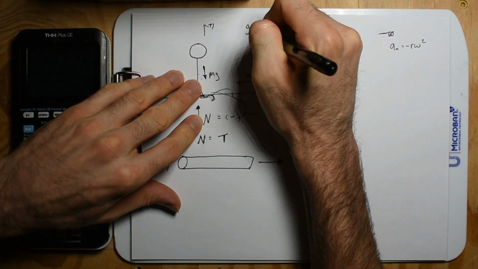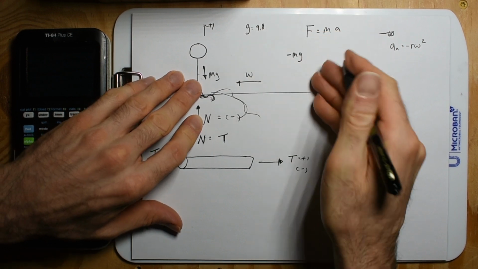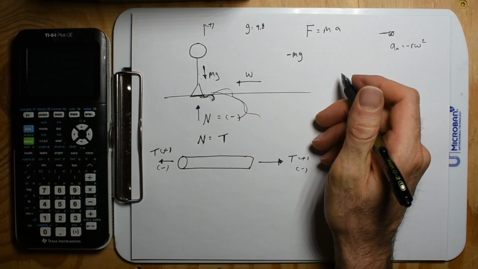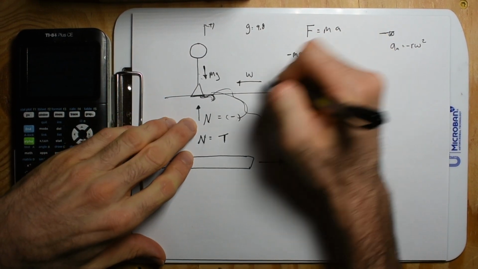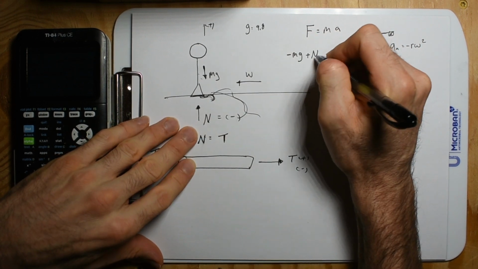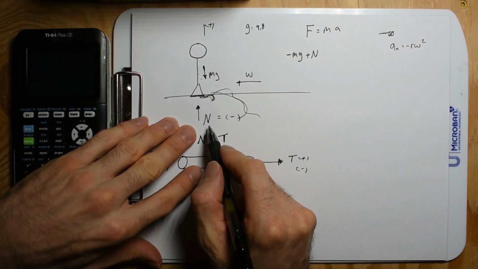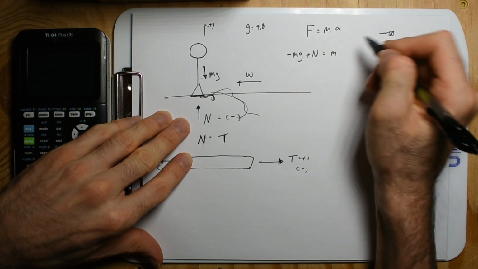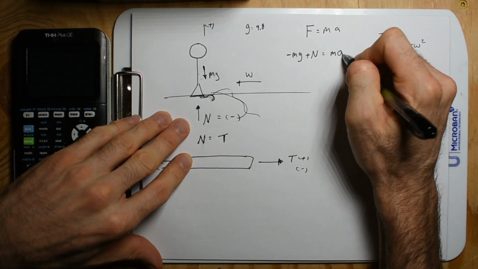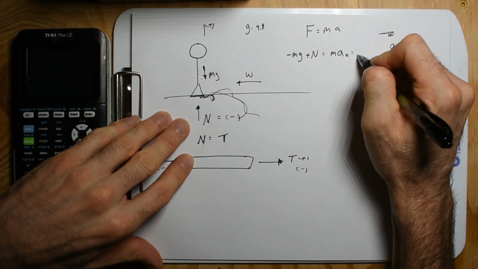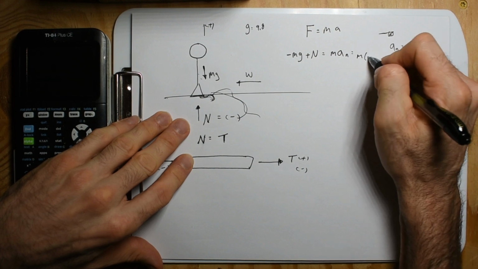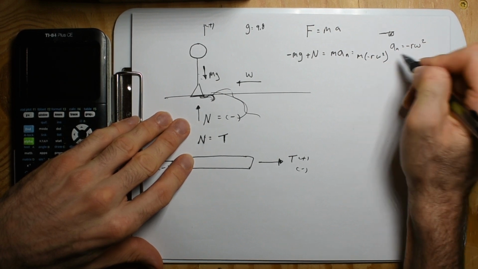G in this case, though, is just 9.8. It's not a negative times a negative. And then we have an upward normal force. And that's going to equal our mass times the acceleration in the normal direction, which is mass times negative r omega squared.